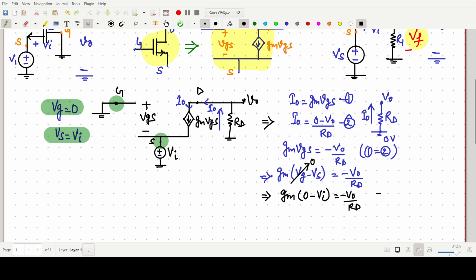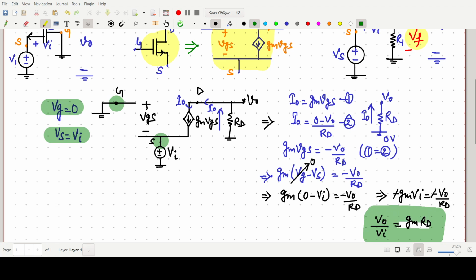The minus signs cancel out, so V naught by Vi is simply gm times Rd. This is our expression for the open loop gain. So the first part is over.